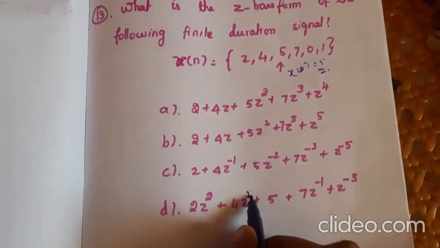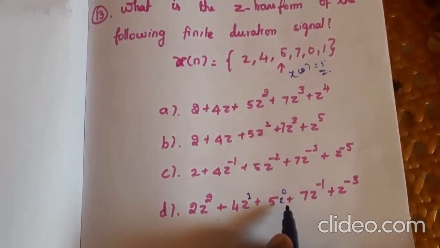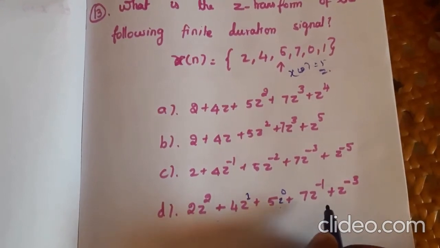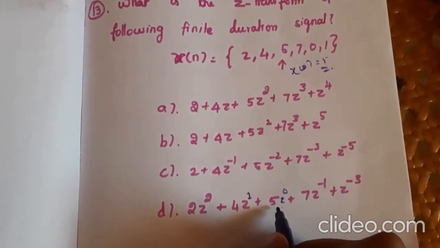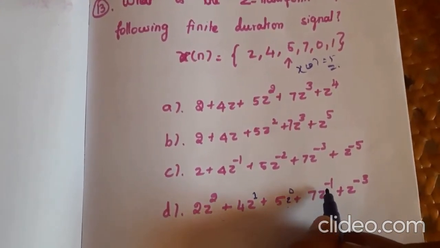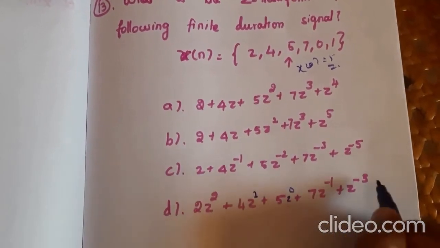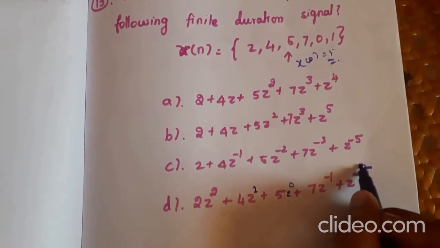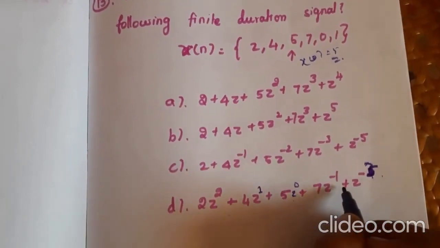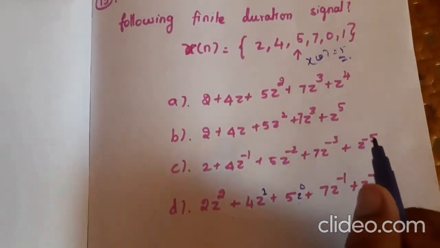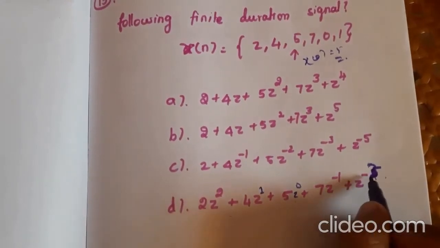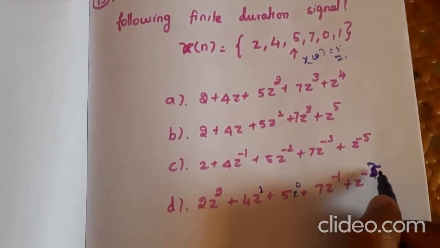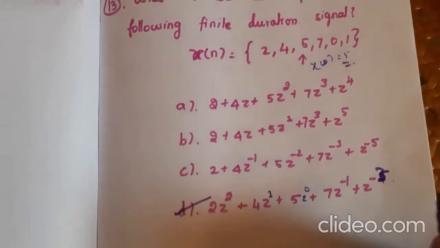So z power 0 becomes 1 here. So the answer here is 5, and 7 z power minus 1, and this is 5. Z power minus 2, the value is 0, so that becomes 0, and this one is z power minus 3. So here the answer is D.